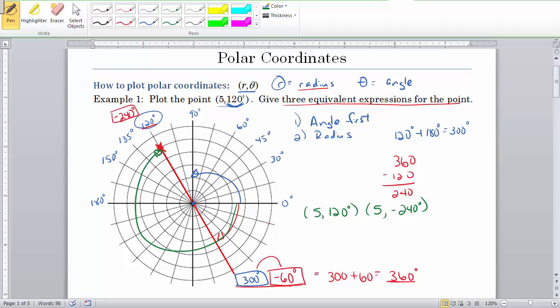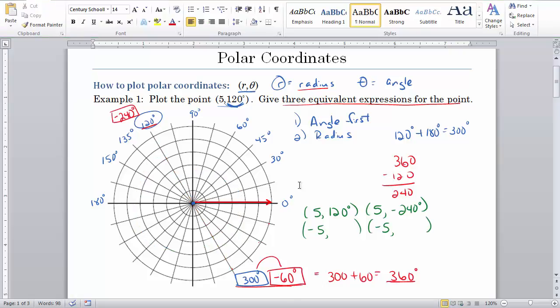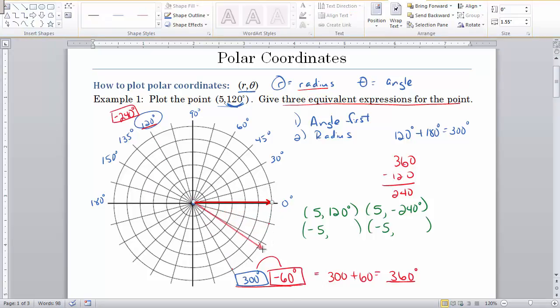But what if the radius is negative? That's where we get kind of confused. How could we use a negative radius? Well, believe it or not, you're going to go in the opposite direction. So we're going to rotate to this angle, but instead of going positive toward that angle, which would be a positive r, we're going to go backwards.